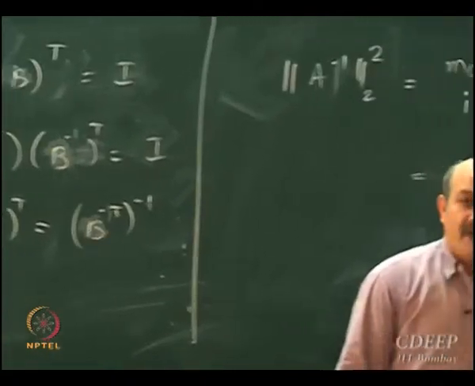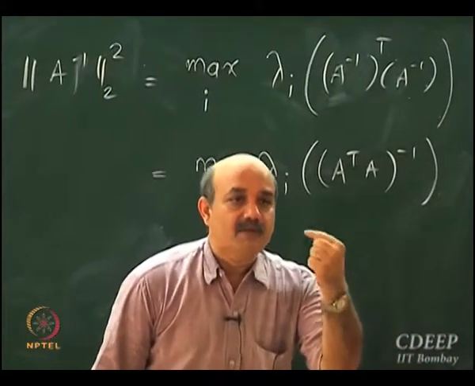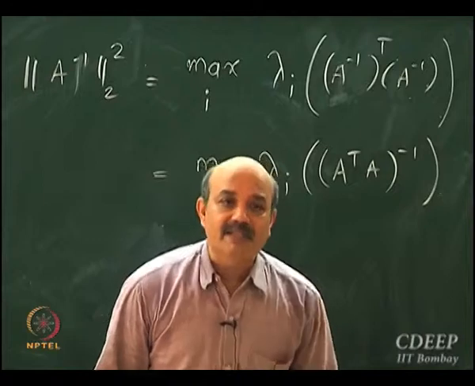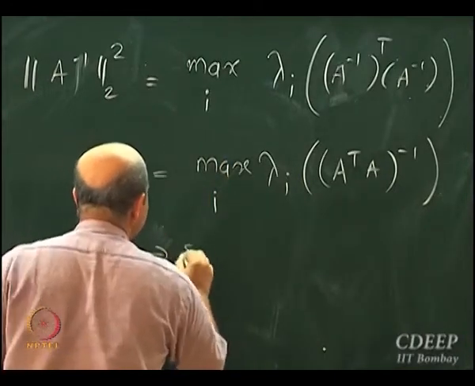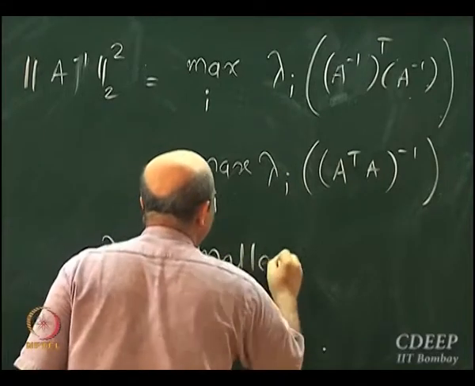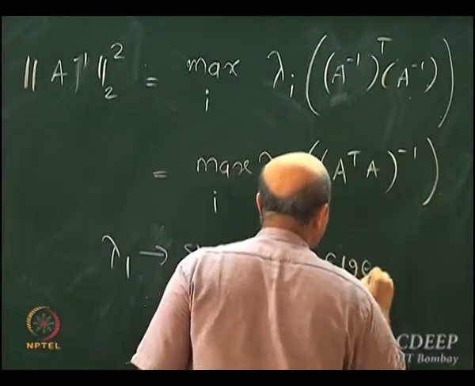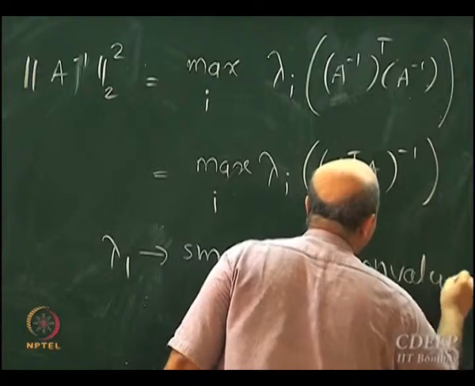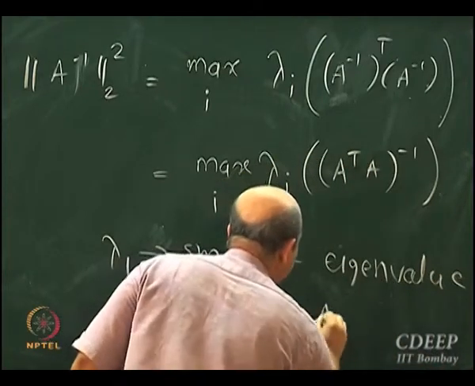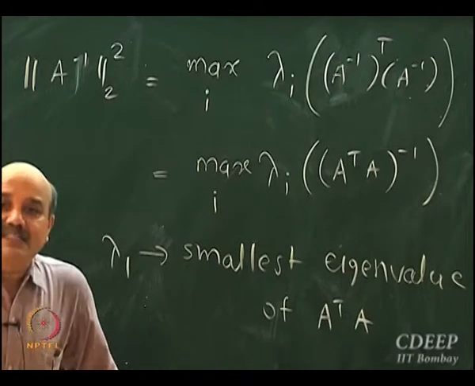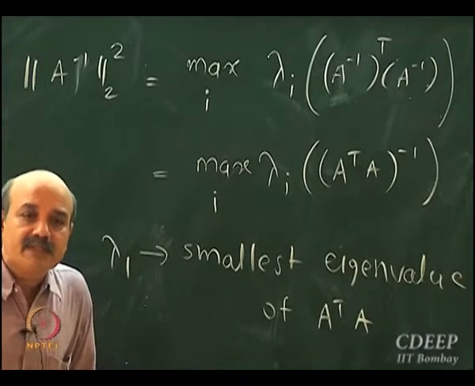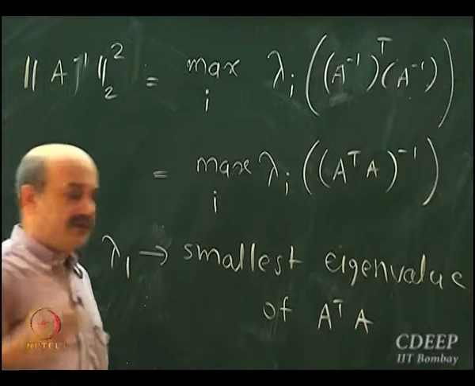So if lambda 1 is the smallest eigenvalue of A transpose A, what will be the largest eigenvalue of A transpose A inverse? 1 by lambda 1.